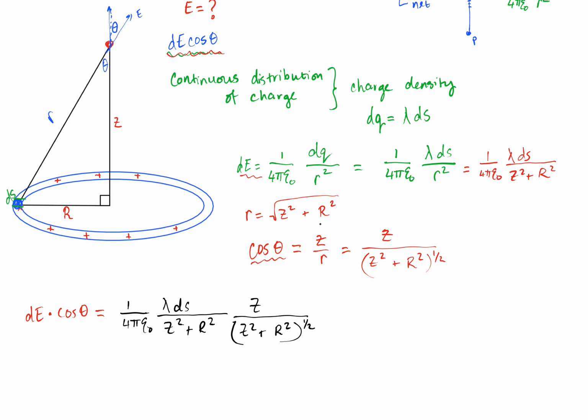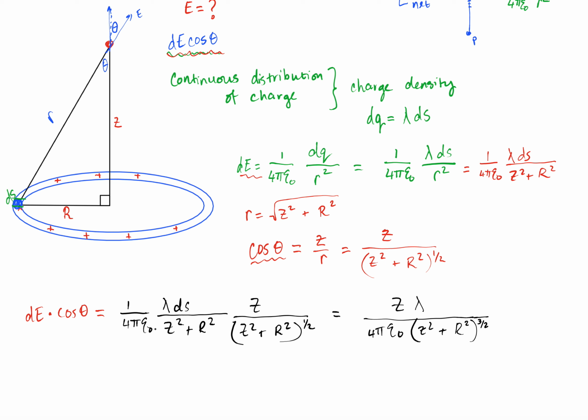Okay, so when that's all said and done, the simplification for dE cosine theta is going to come out to be z lambda over 4 pi epsilon naught times z squared plus R squared to the 3/2. That's combining this down here.